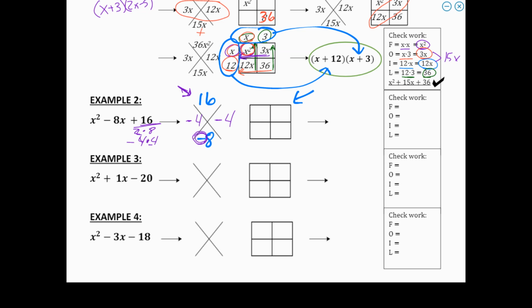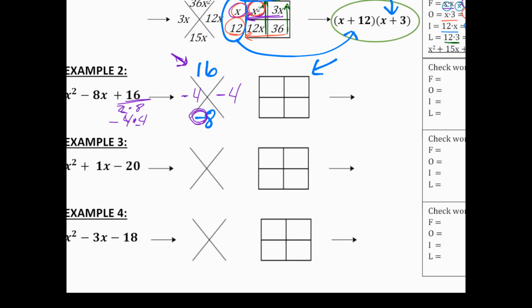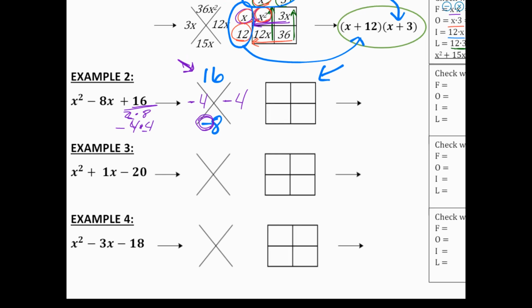So we're going to fill in the box here. Zoom in a little bit more. So what went in this first box? What should be in this first box? 16. Oh. X squared and then the side one. 16. And then -4.